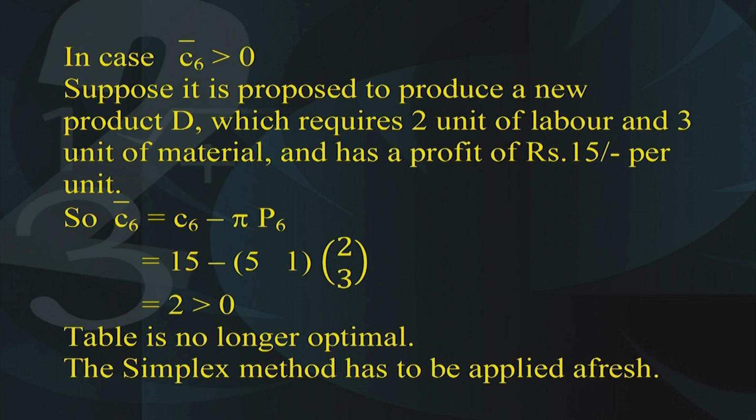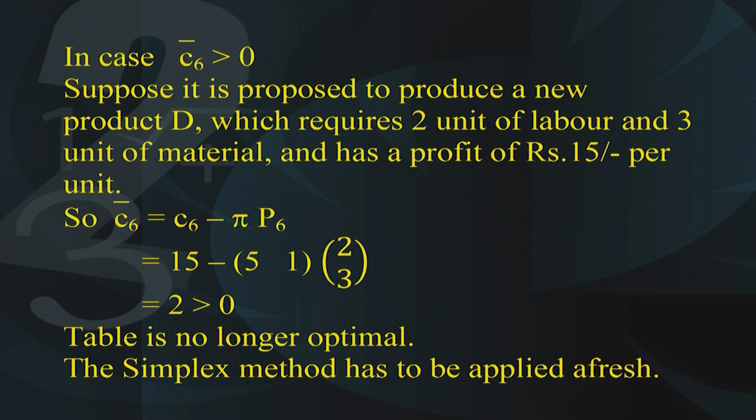So, suppose it is proposed to produce a product, let us say D, which requires 2 units of labor and 3 units of material and has a profit of rupees 15 per unit. So, all the data has changed.